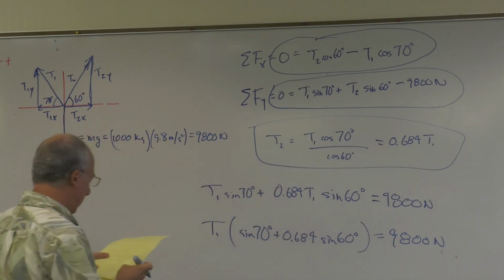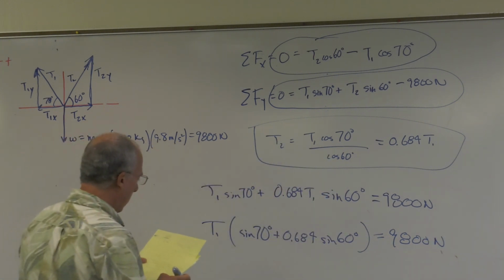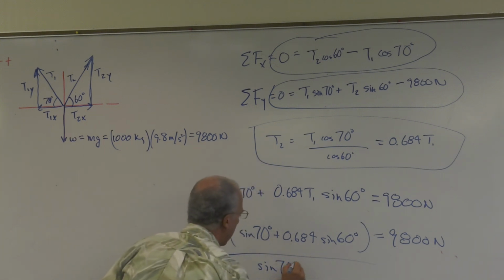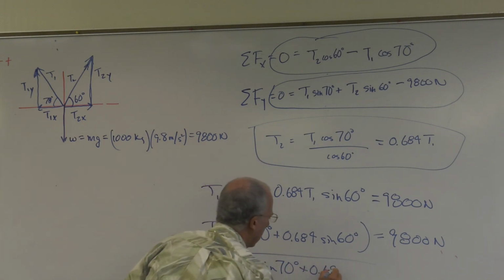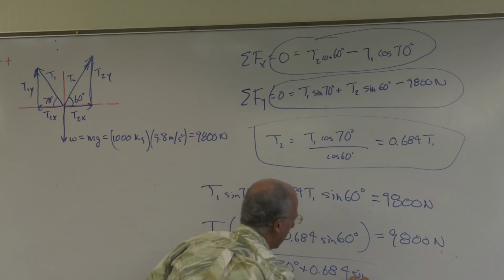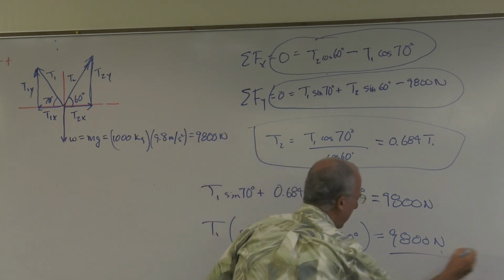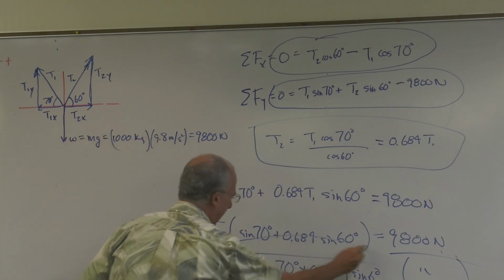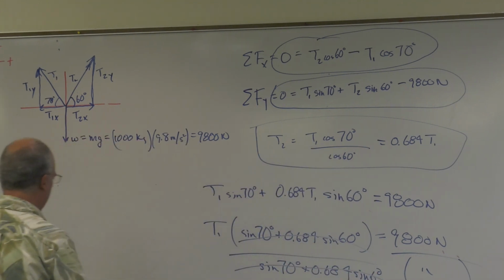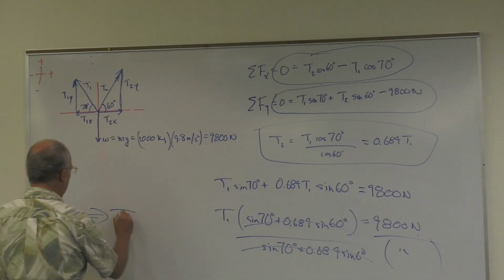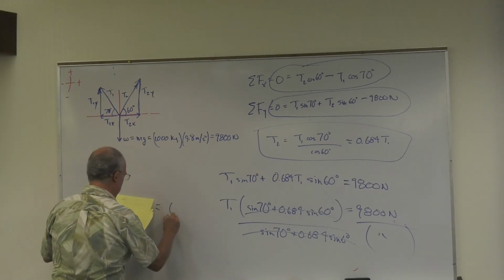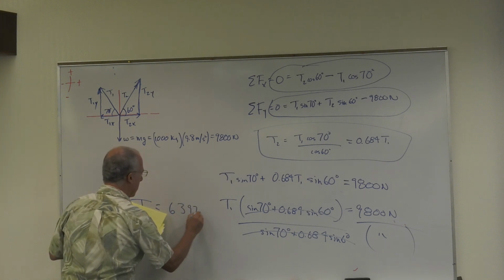And then you just divide by this. You do the same thing over here. All right. So that cancels, and then you get, I promise you, T1 equals 6,397 newtons.